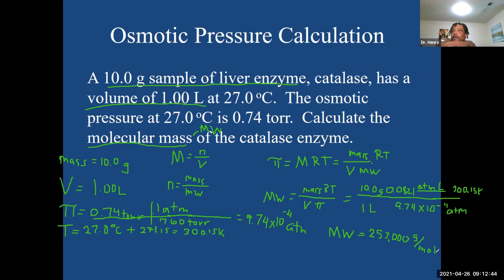Yeah, so molar masses for enzymes are pretty heavy. Where am I getting it wrong? Because I'm still getting... So you're not forgetting 9.74 times 10 to the -4? Nope. Because that's going to make your value much bigger.